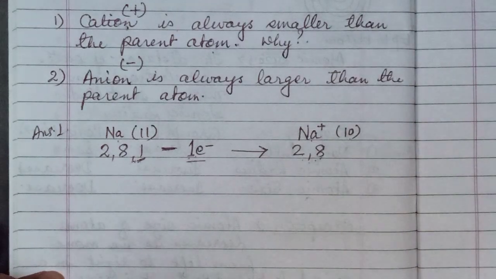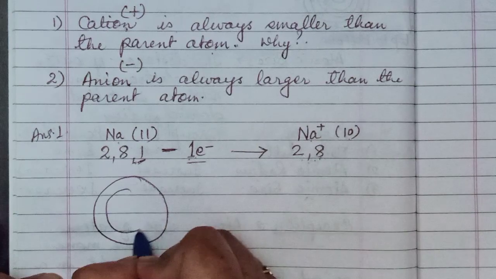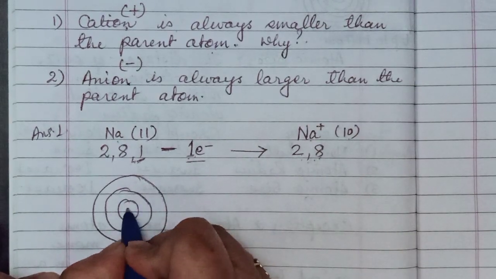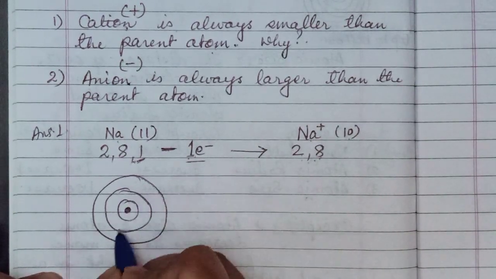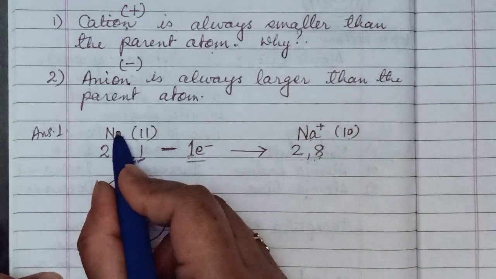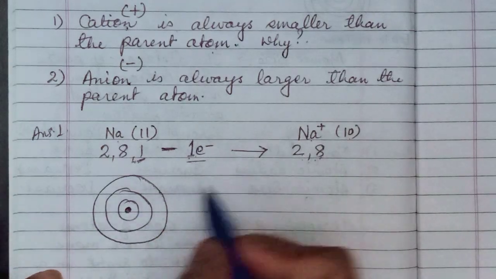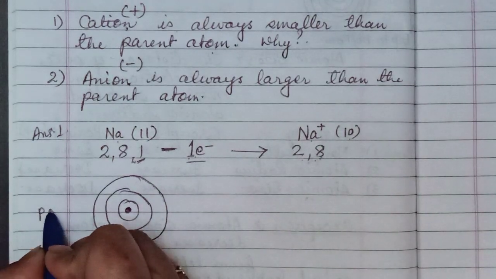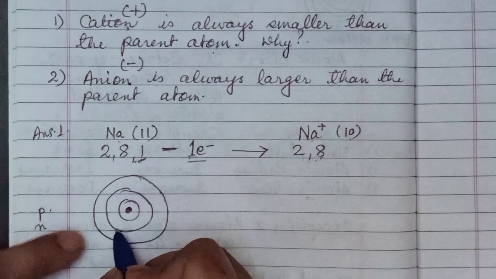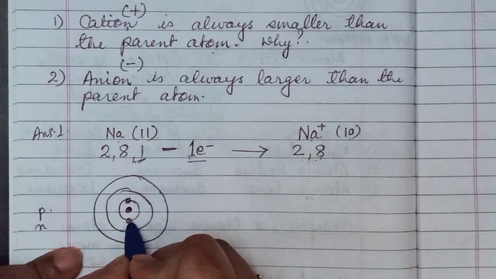See here. Suppose this is the nucleus of this sodium atom. In the nucleus, what is present? Proton and neutron. And where is electron present? Electron is present in these shells.